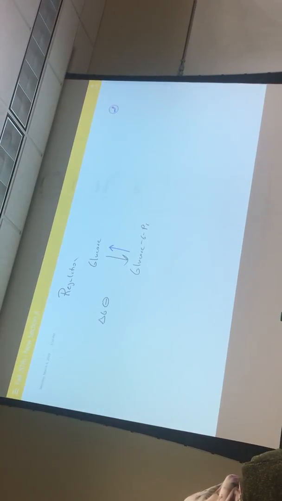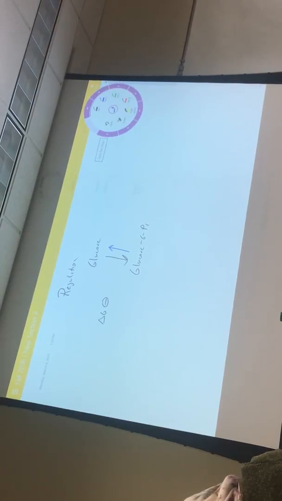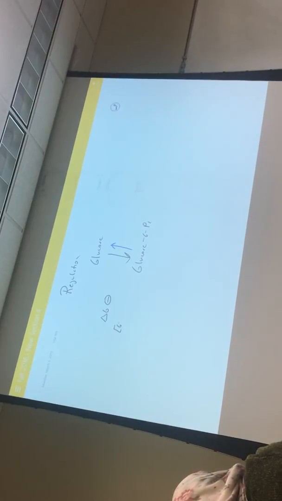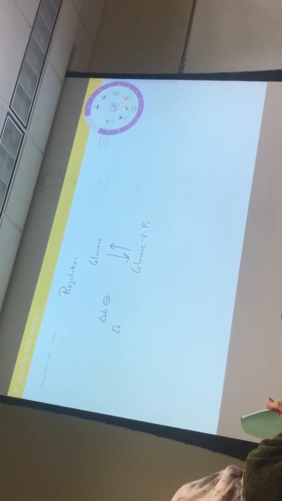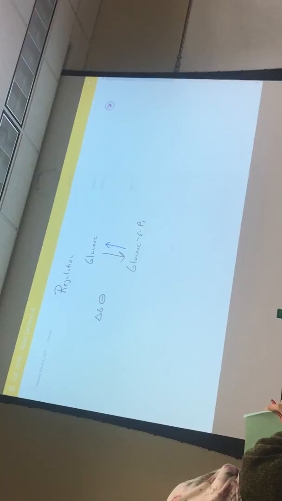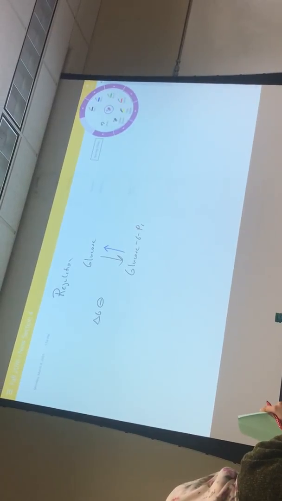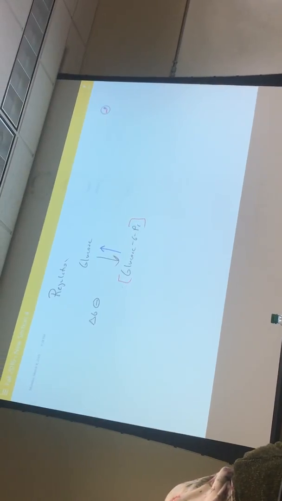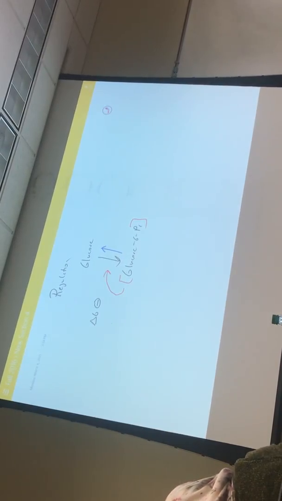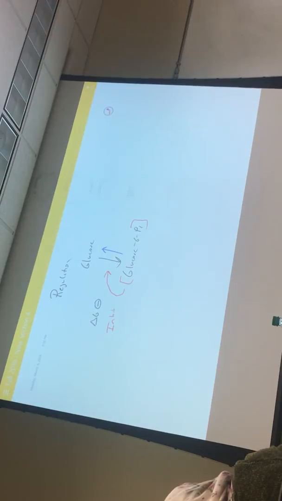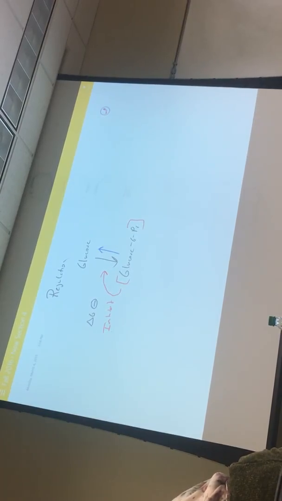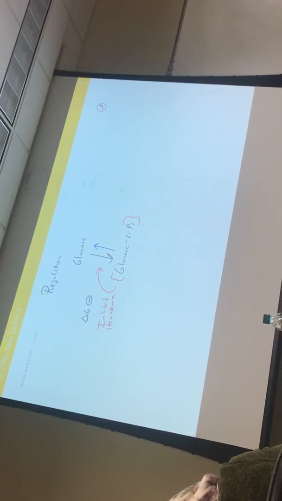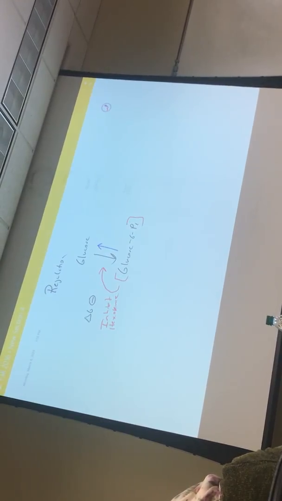On the hexokinase side, glucose 6-phosphate acts as an inhibitor. So high concentrations of this inhibit hexokinase. So it acts as what we call a substrate inhibitor.